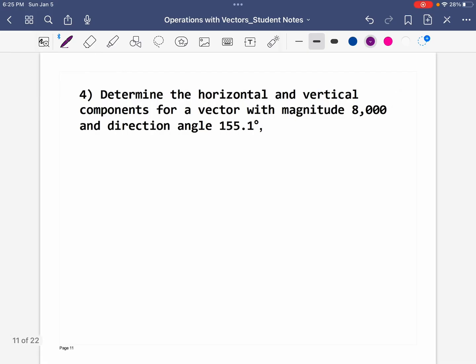All right. Determine the horizontal and vertical components for a vector with magnitude 8,000 and direction angle of 155.1. So 155.1 is going to be in quadrant 2, right? So it's this angle here would be 155.1, and the magnitude is 8,000.